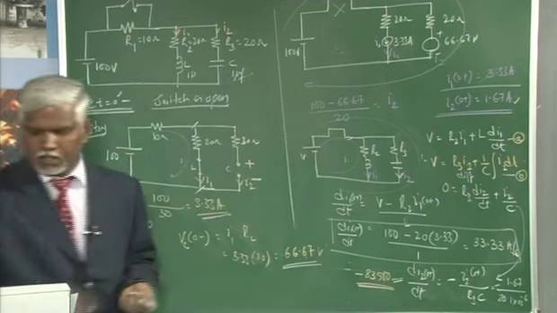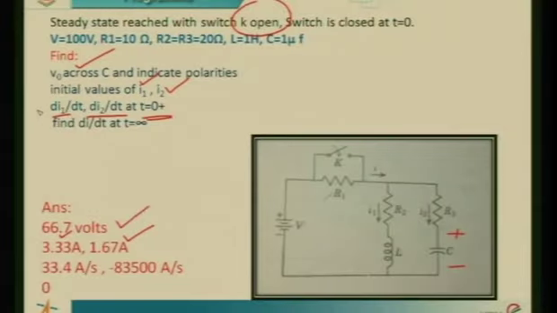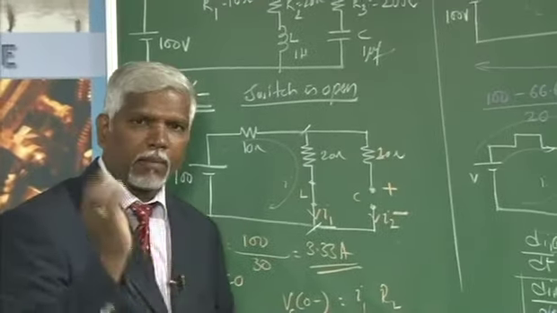So, we have obtained dI1 by dt and dI2 by dt, and the values are 33.4 and 83,500 negative. The last part here is to find di by dt at t equal to infinity. At infinity, I just want to keep a tab on what the current will be.